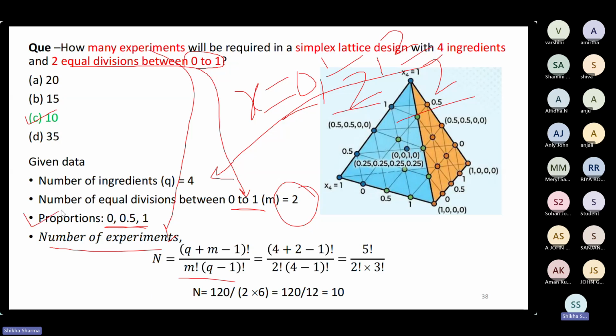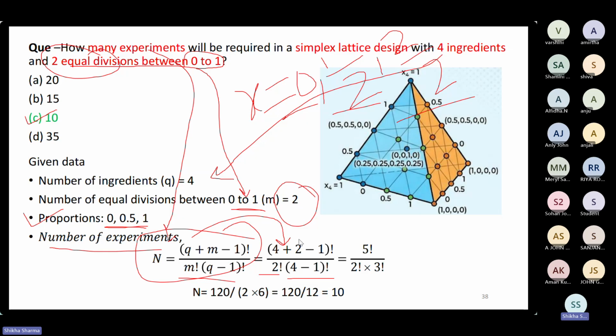These are the proportions. So the number of experiments n equals q plus m minus 1, where q is the number of ingredients, which is 4, and m is how many divisions there are. So 2 equal divisions are there, so m equals 2. So (4 plus 2 minus 1) factorial divided by m, which is 2 factorial, multiplied by (q minus 1), q is 4, so 4 minus 1 factorial.